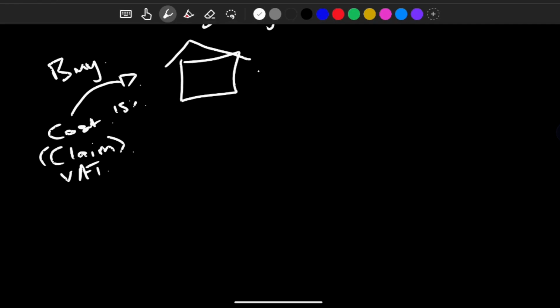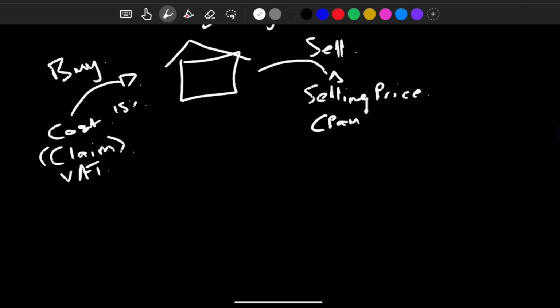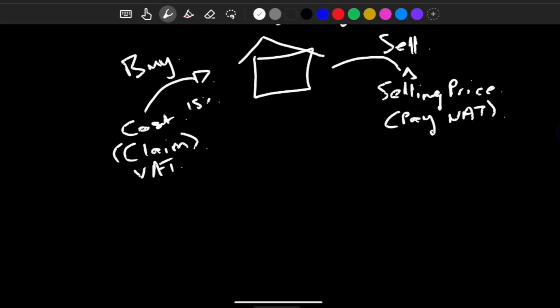But because you're a business and you want to make money, you want to make profit, you now sell the product at your selling price, and then you have to pay VAT, right? So the same way you claimed VAT, you were able to claim VAT because the person you bought from was paying VAT. And then the moment you sell and pass that product through, you have to pay VAT.